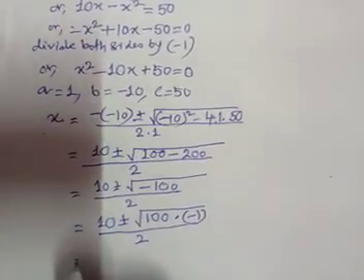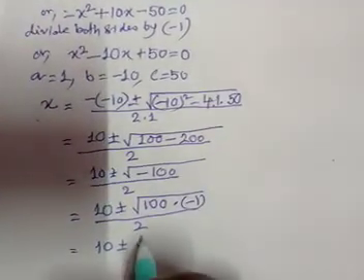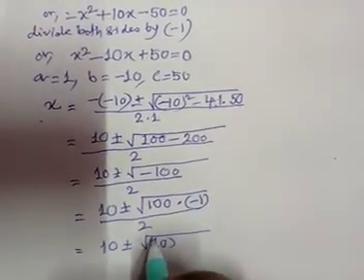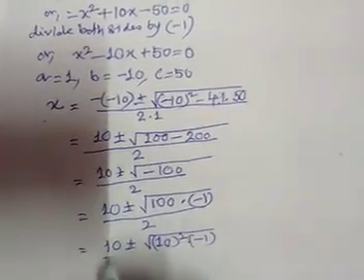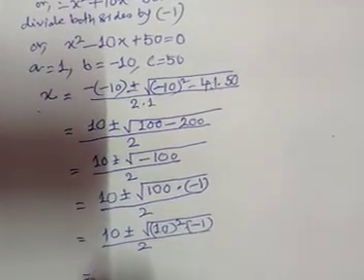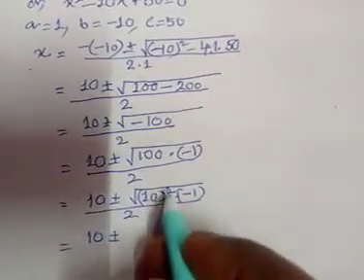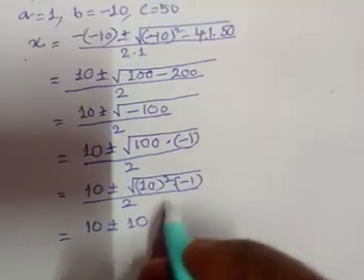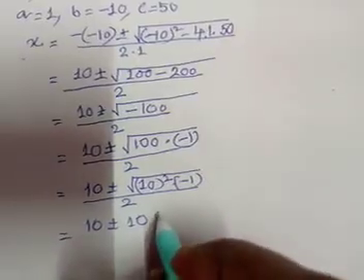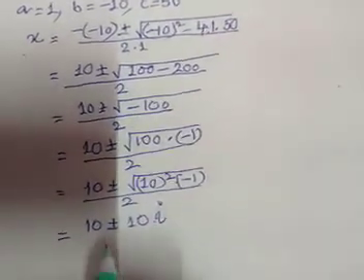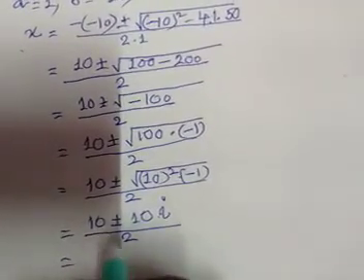by 2, or 10 plus minus root over 10 square into minus 1 by 2, or 10 plus minus, 10 square root is 10, and root over minus 1 will be i, the complex number, i, by 2.